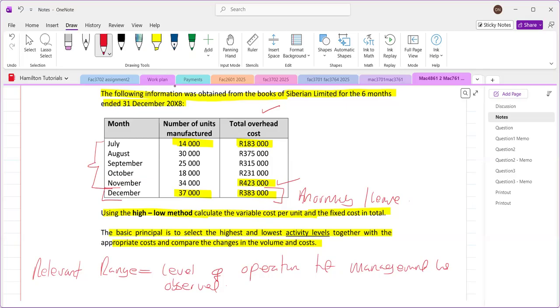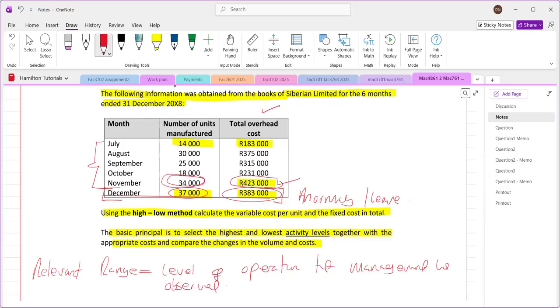But we are saying when we look at 35,000, the costs are not behaving as expected because the number of units are the highest, but the cost is not the highest. That's an anomaly. You always leave that out in your calculation. So the highest cost must give you the highest activity.